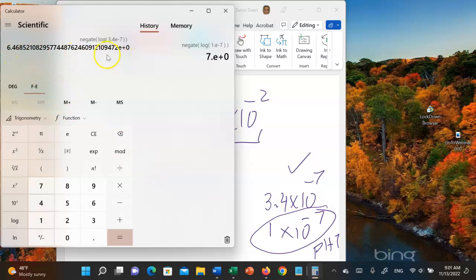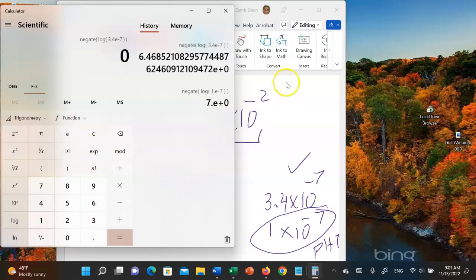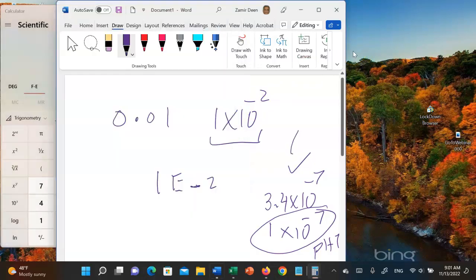So it gives you like an ungodly long number of digits past the decimal point, but typically you should be rounding it off to no more than 2. So this is really 6.47 pH. Okay. All right. So we're going to clear this. So the pH for this number, we got 6.47.